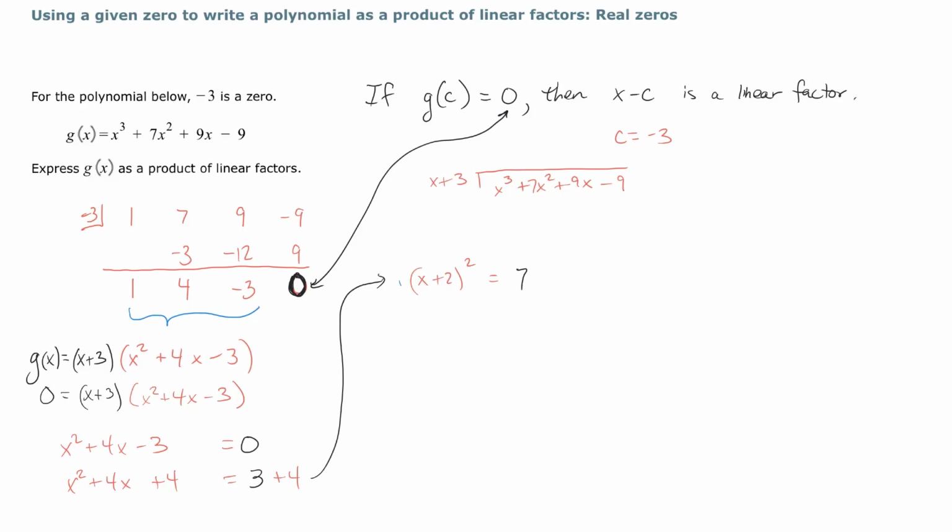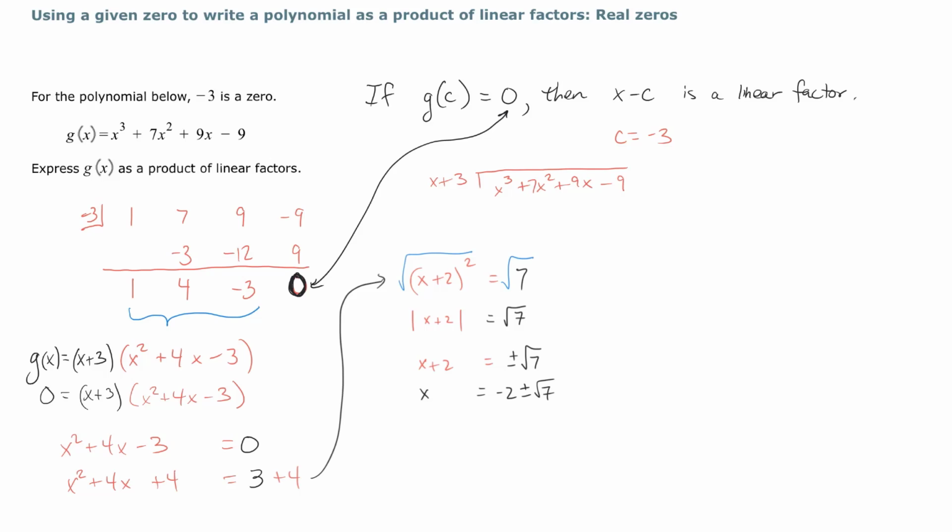Take the square root of both sides. And now we have the absolute value of x plus 2 is equal to the square root of 7. X plus 2 is equal to plus or minus square root of 7, and we have x is finally equal to negative 2 plus or minus the square root of 7.